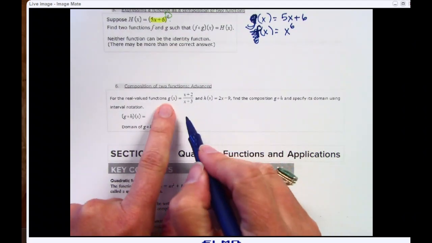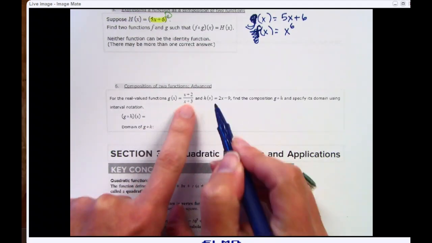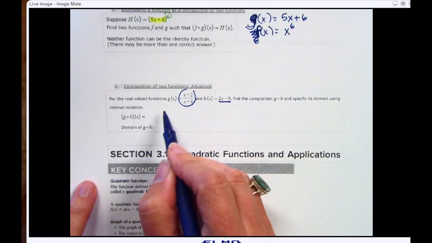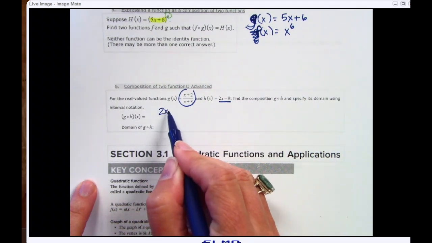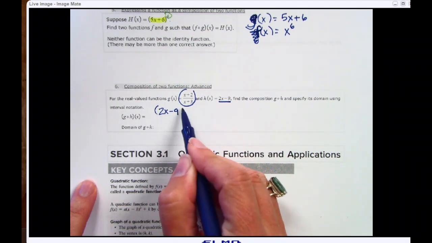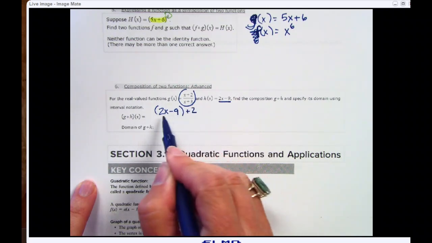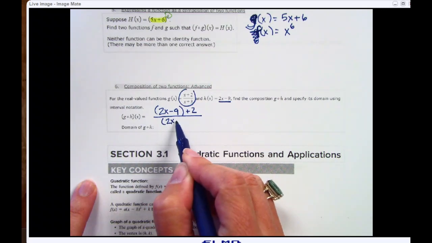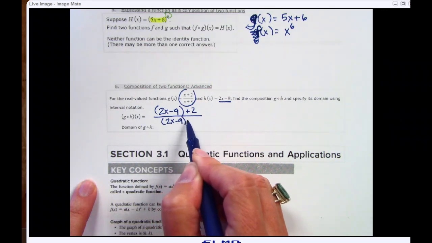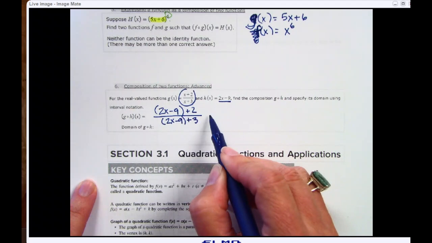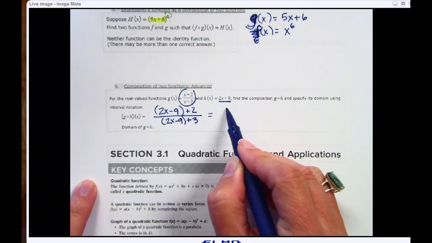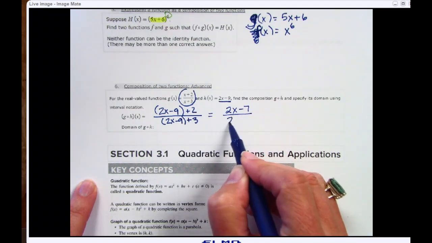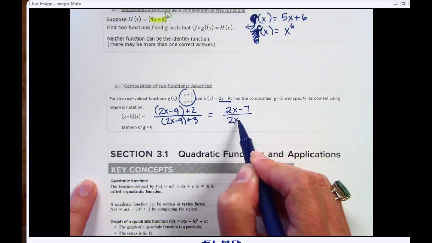So I'm putting that in there. I've got 2x minus 9 plus 2, and then I have 2x minus 9 plus 3. Well, let's simplify that. I have 2x minus 7 over 2x minus 6.